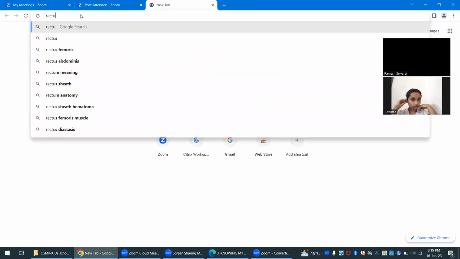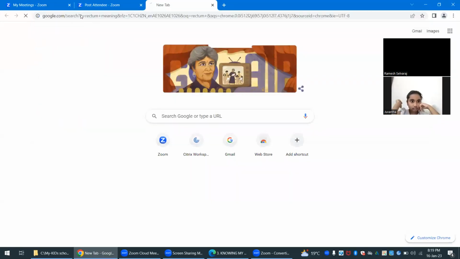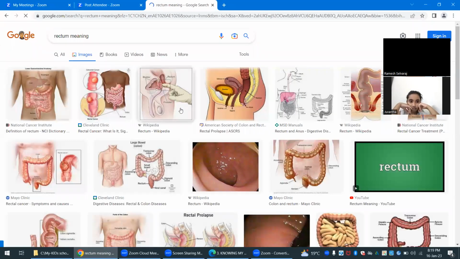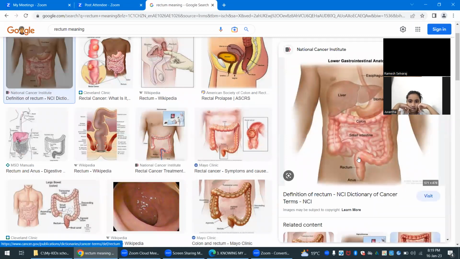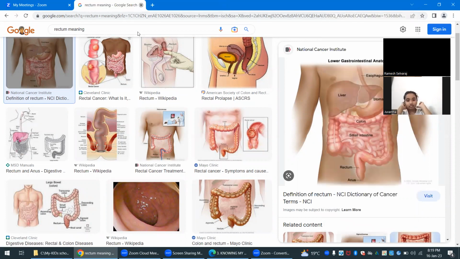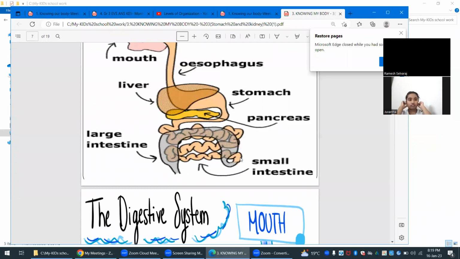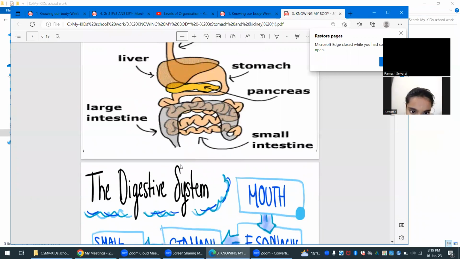See here, this is the rectum, like a large intestine part. This is the end portion of the large intestine. That's the rectum.